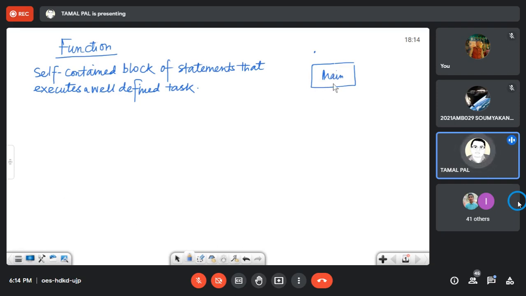In main, whatever we have written inside main does some well-defined tasks such as factorial calculation, decision making, percentage calculation, providing grade or the like. But sometimes your job is very complicated, so you cannot keep it inside main.